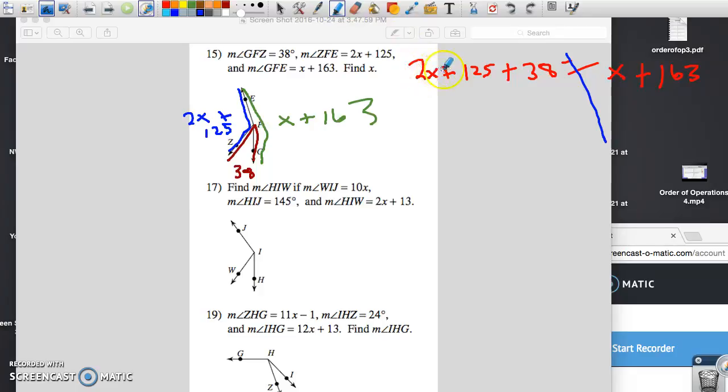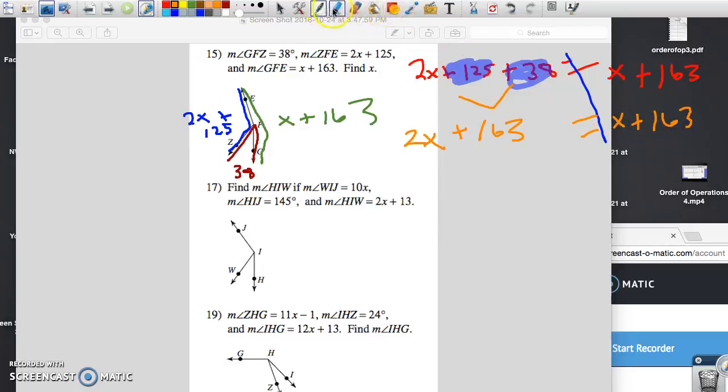I have a positive 125 and a positive 38, two naked numbers, also known as coefficients, hanging out together on the same side. Let's combine them. 125 plus 38 is going to give me 163. Don't forget, you still have your 2x. And equals, I'll just bring this back down, x plus 163.